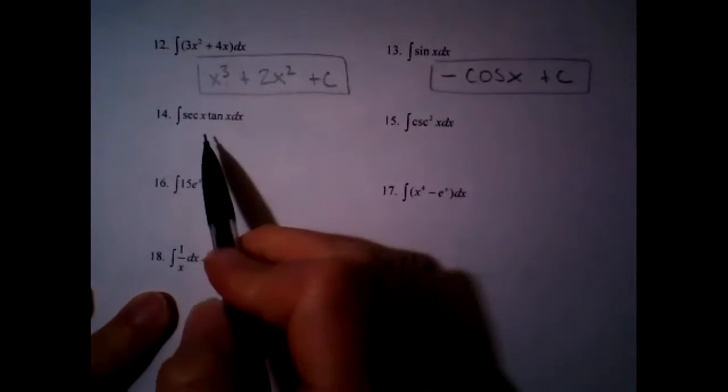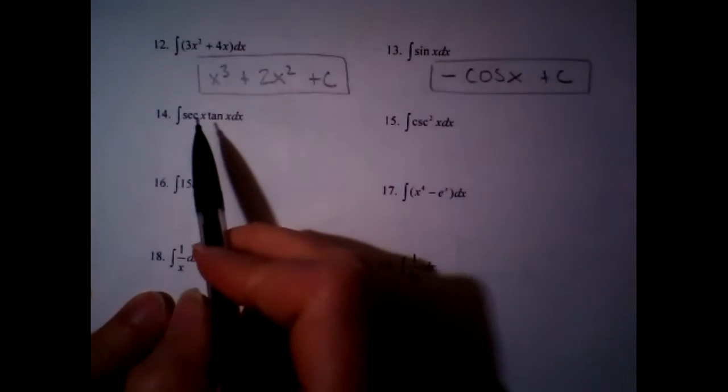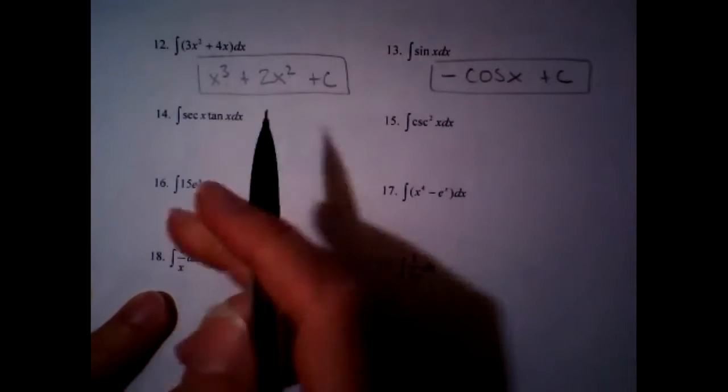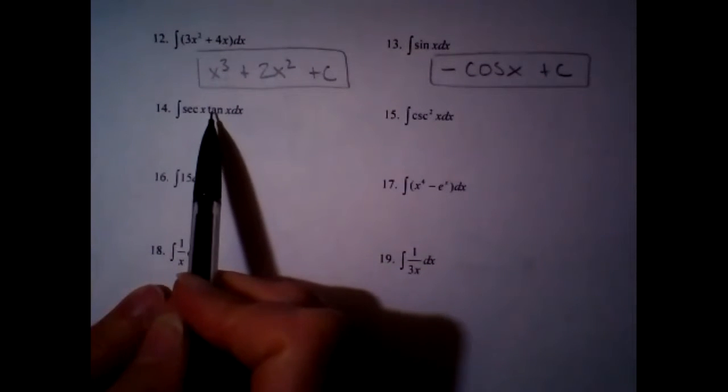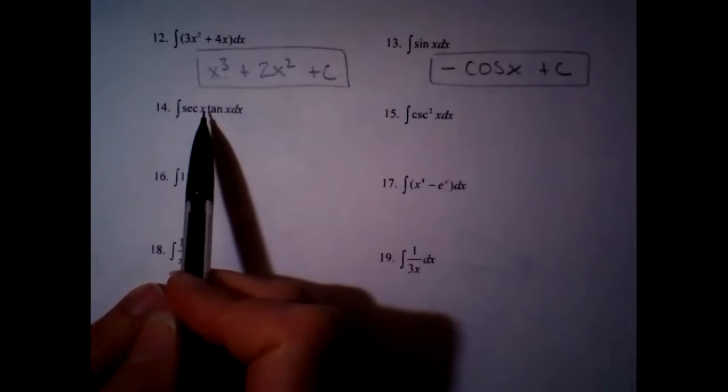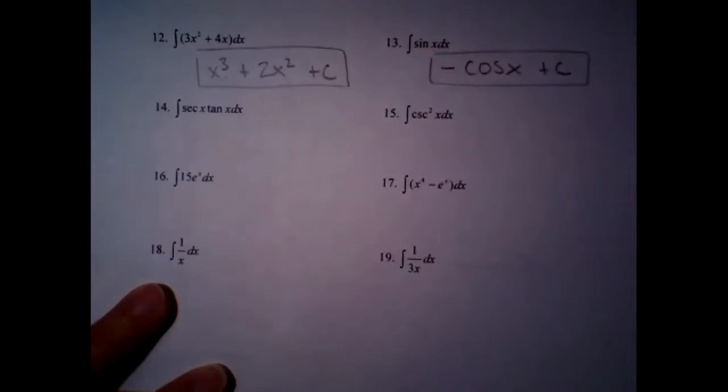All right, so here I need a function that if I did the derivative, I would get secant tangent. Which one of them had this as its derivative? I'll give you a hint, it's not sine or cosine, it's one of the other four.